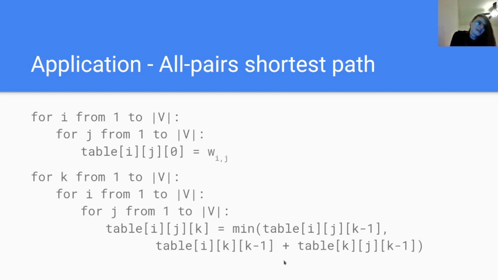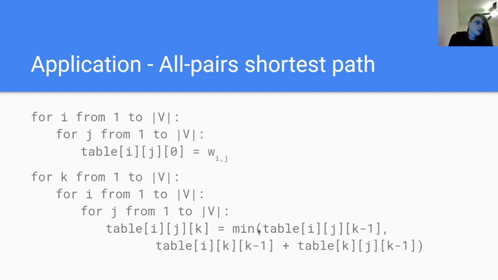The second case is a little bit trickier. You have to use an argument that you're not ever going to be making a path, as you're updating I to j, you're not going to be using k in your path from I to k because that would be suboptimal. You do have to sort of look at it and convince yourself.